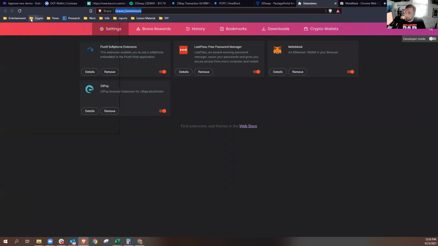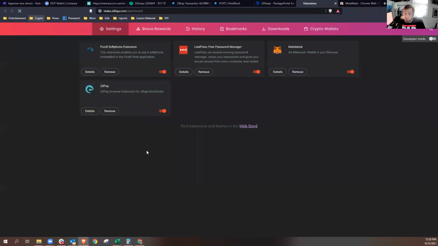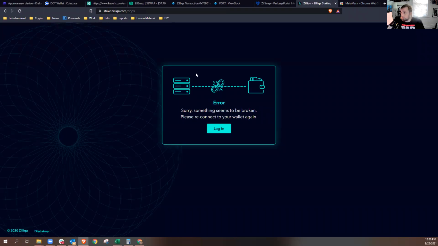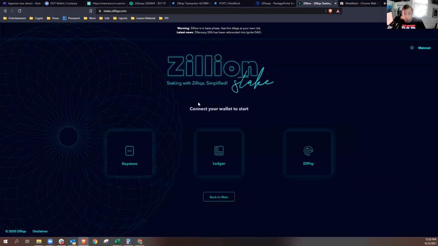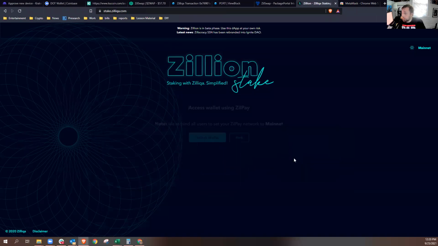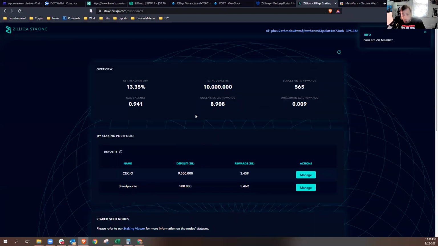With Zilliqa, you can stake it to help secure the network, and you can earn 15% passive income. It earns 15% of the cryptocurrency. So basically, if it stays the same and you stake $100, at the end of the year, you're going to have $115.